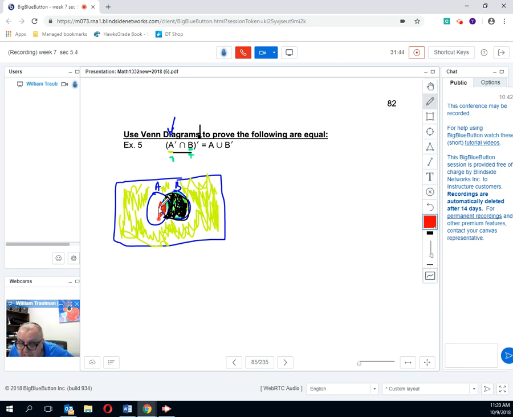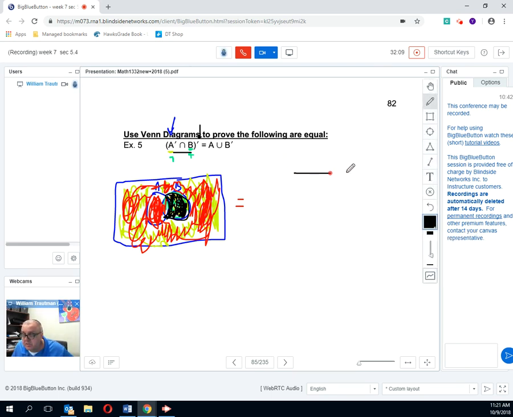Everything else that's not in the dark black. The dark black is the only thing that's not shaded in red. All right, that's a really tough one. But we're not done. We have to do the other side now.